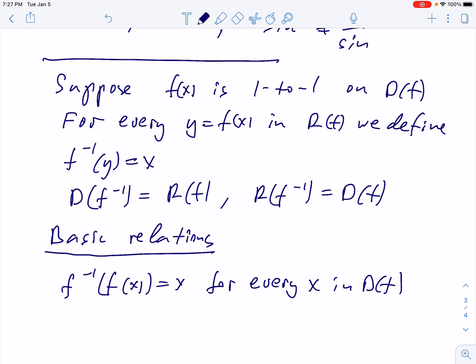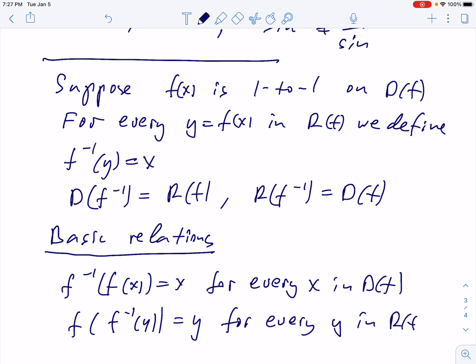And another basic relation is f of f inverse of y equals y for every y in the range of the function f, which is the domain of the inverse function. So it's good also to write here that the domain of our function is the range of the inverse function.